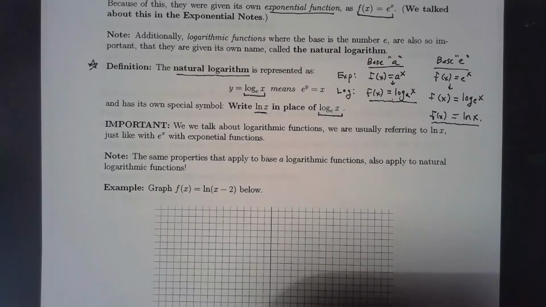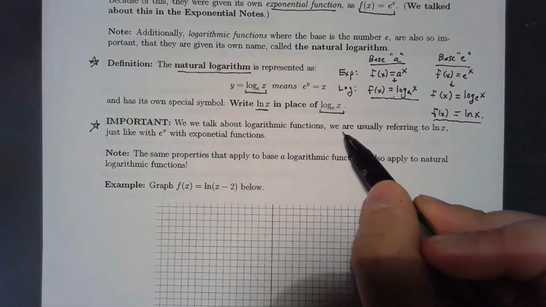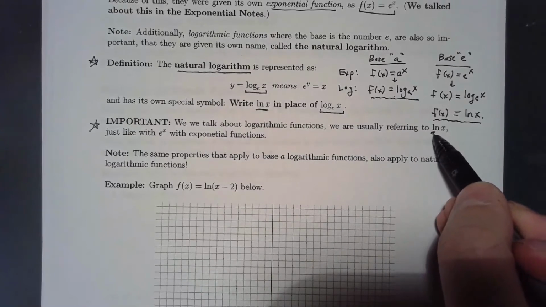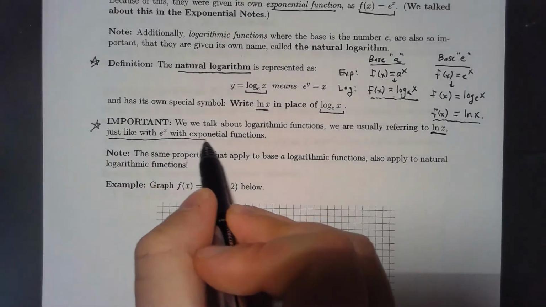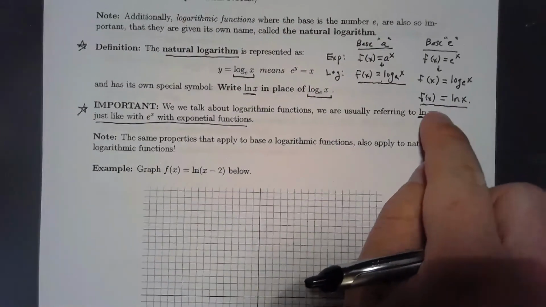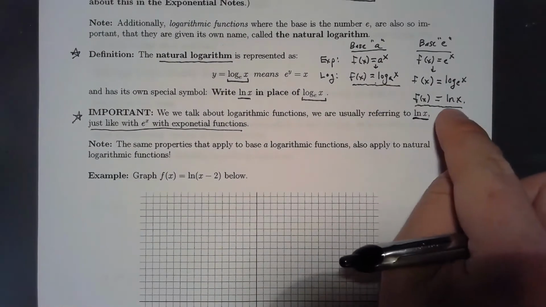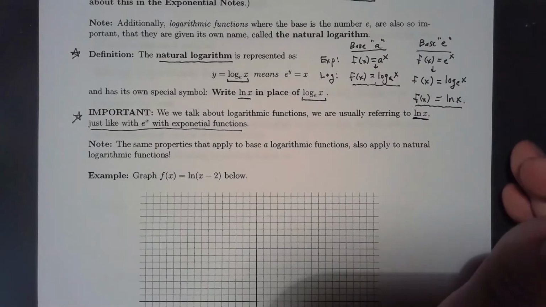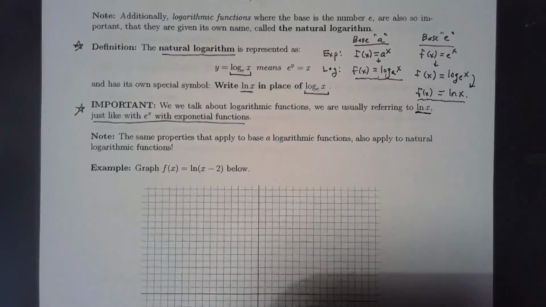Usually it's implied to be base 10, etc. So when we talk about logarithmic functions, we are usually referring to ln of x, just like with e to the x with exponential functions. All I'm saying here is that if I'm working with e to the x, a logarithm is a specific type of logarithm, a natural logarithm. We write this as this. That's all I'm saying.